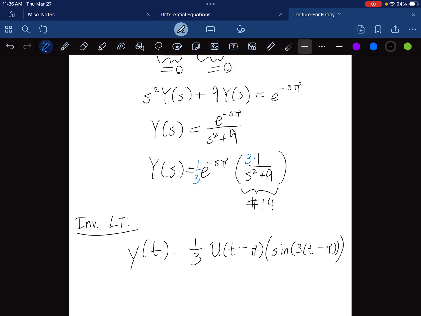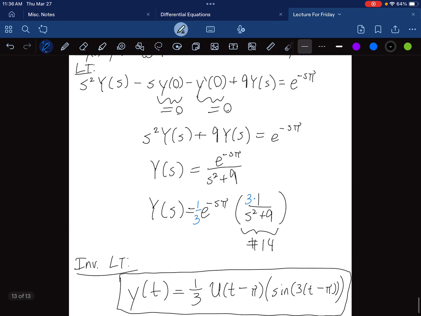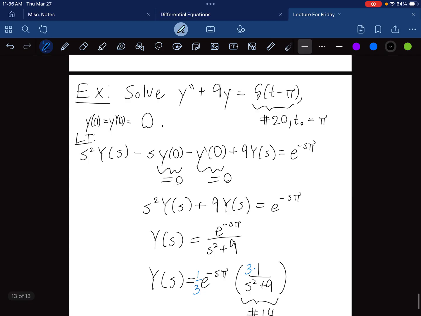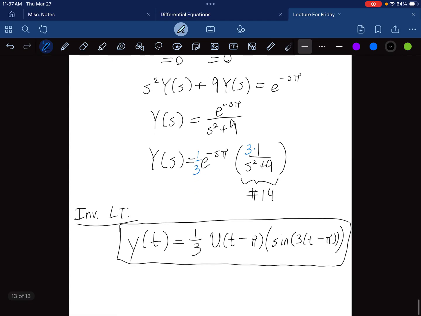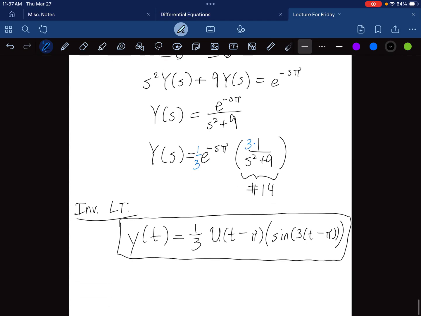And with that, we get our answer. And so even though we started with a Dirac delta function in our ODE, we still end up with a unit step function in our solution.